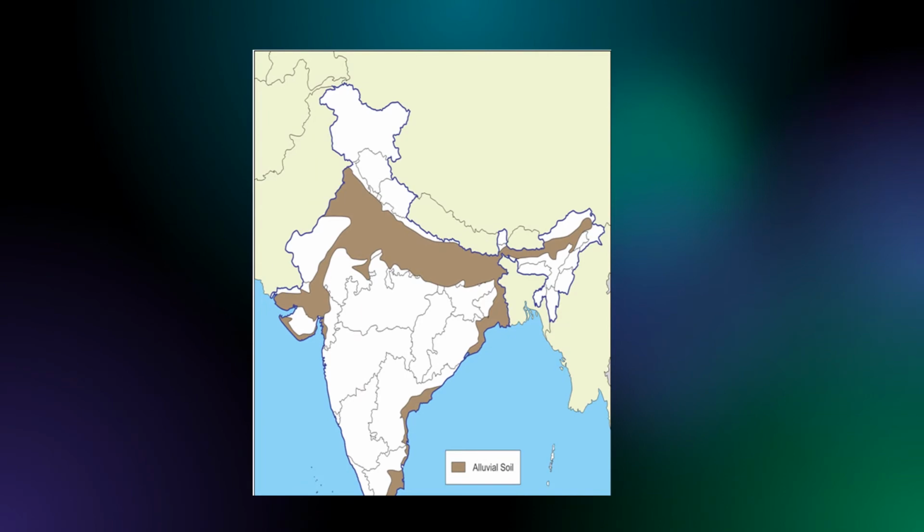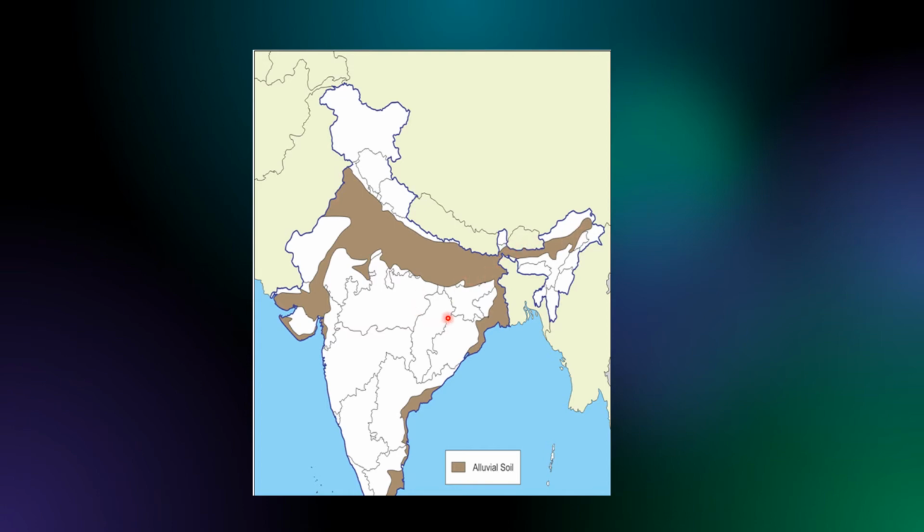The irrigation which is possible has also made the dry areas over there become richly cultivated. So here we can see the areas where we have the alluvial soil. The widest occurrence of alluvial soil is in the Indo-Gangetic Plain, starting from Punjab in the west to Bengal and Assam in the east.